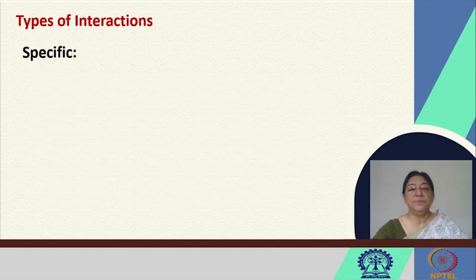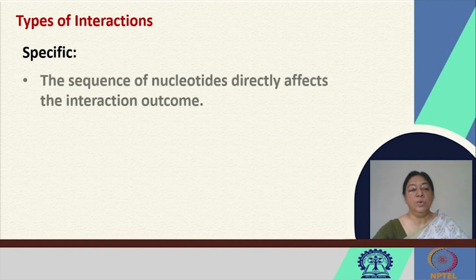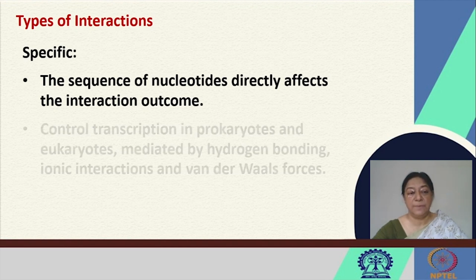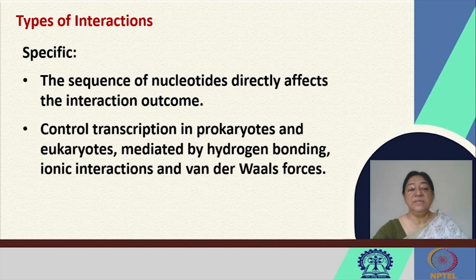However, if we look at specific types of interactions between the nucleic acids and protein, here the sequence of the nucleotides directly affects the interaction outcome. And this is important to control transcription in prokaryotes and eukaryotes that are mediated by hydrogen bonding, ionic interactions, and van der Waals forces.